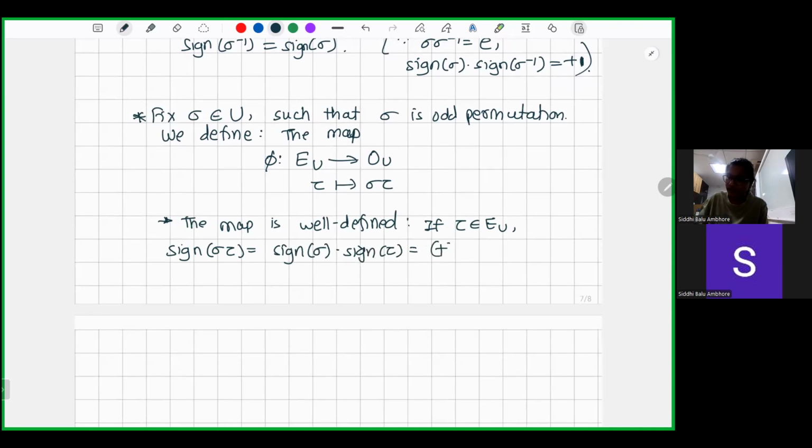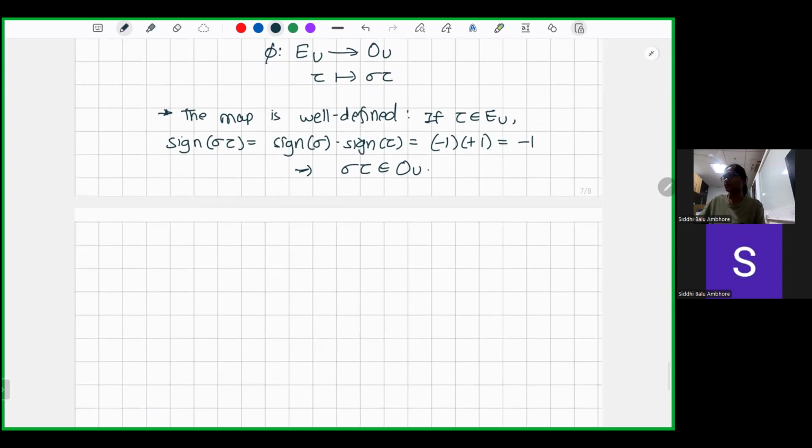This one is -1, and tau is in EU, so +1. Ultimately I get -1, which implies that sigma tau belongs to OU. So it is a well defined map. That's not a problem.